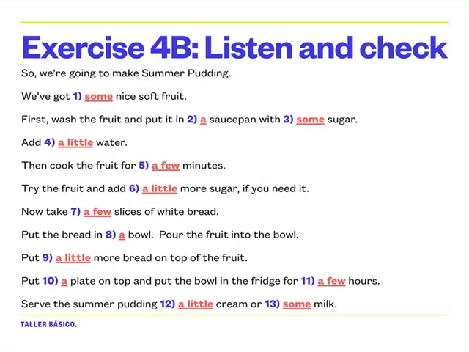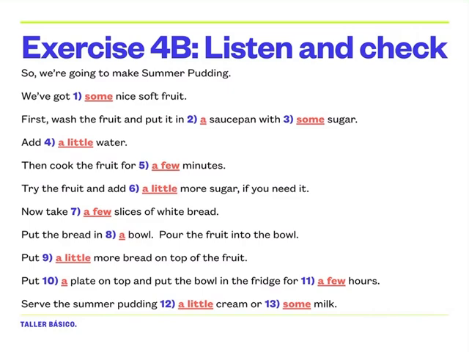Number 6, sugar. Again, it is uncountable, a little more sugar. Number 7, we have slices. Slices is countable, a few slices. Number 8, bowl. Bowl is countable, a bowl. Number 9, a little more bread. Bread is uncountable, a little bread.